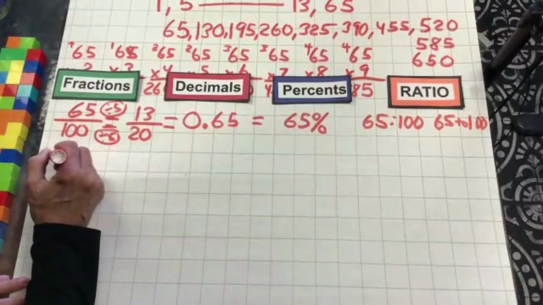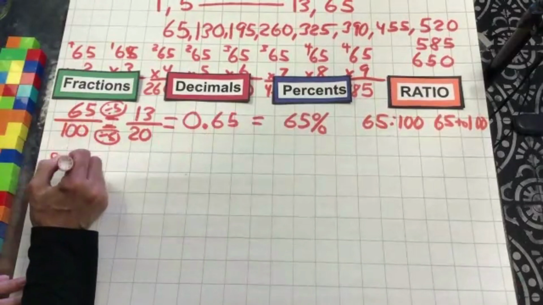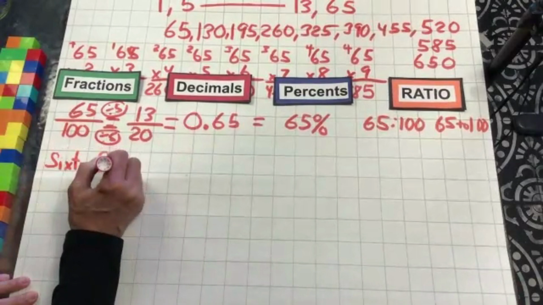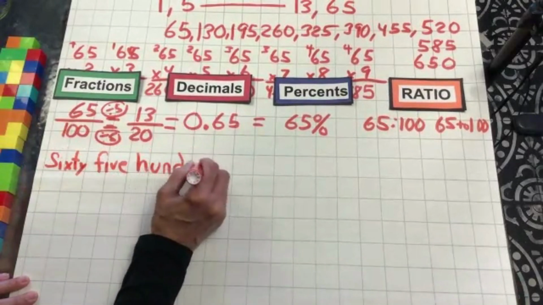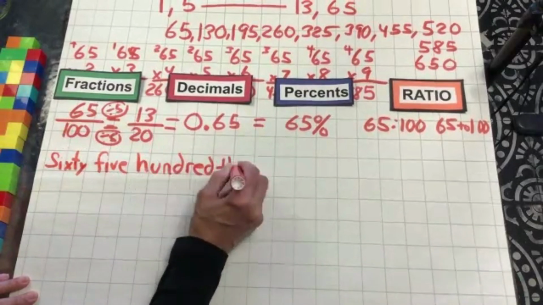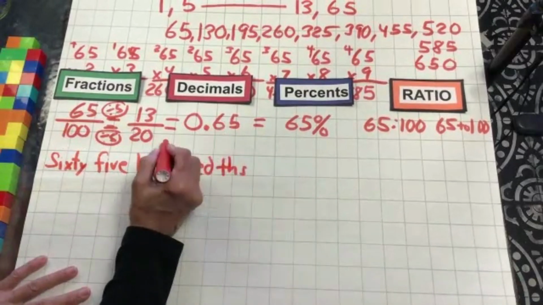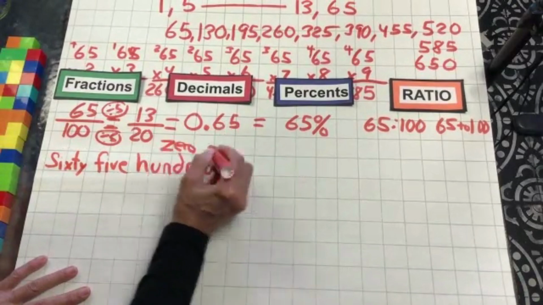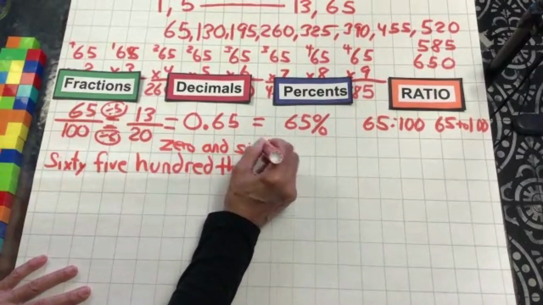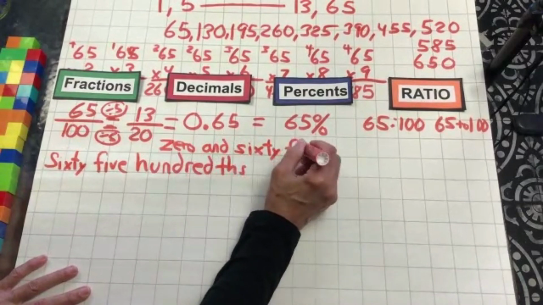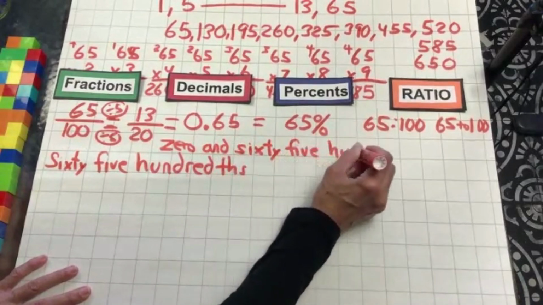This would be 65 hundredths with a TH. And our decimal would be 0. And for our decimal, 65 hundredths.